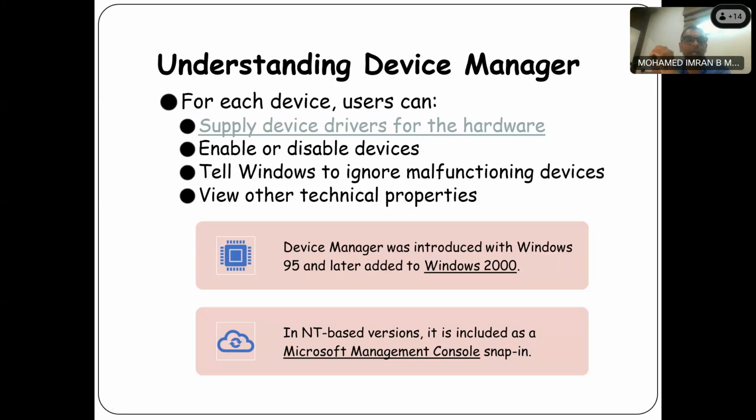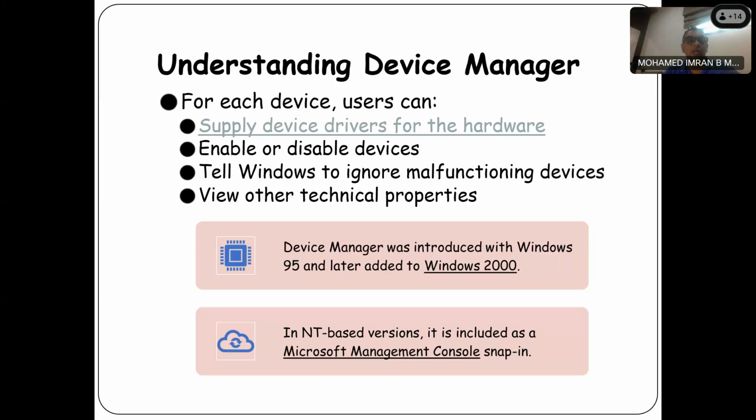So why do I keep mentioning Windows operating system? Does that mean that other operating systems do not have a device manager? No. Other operating systems such as Unix or Linux have also a device manager, have also a device driver.